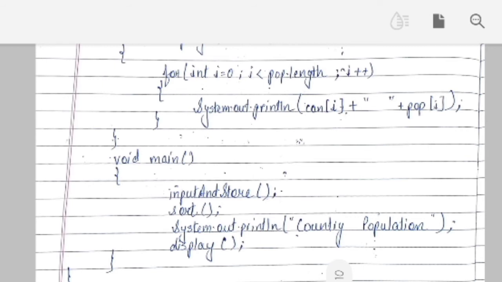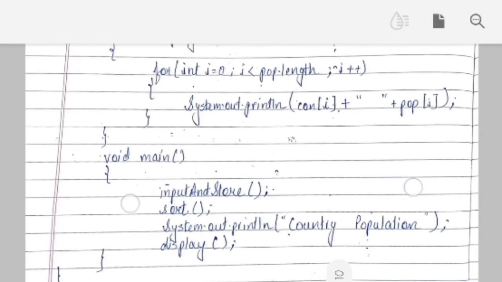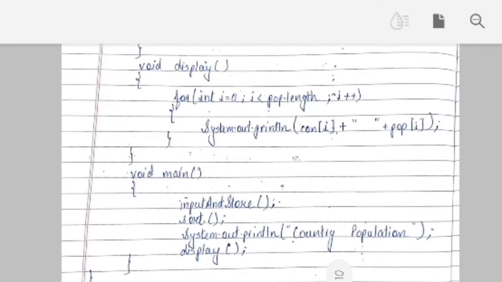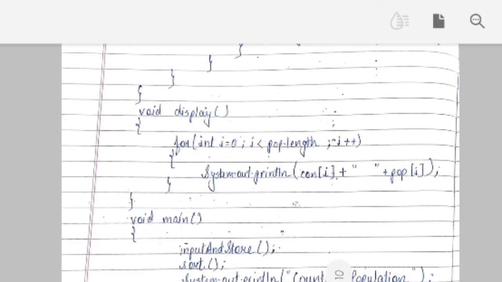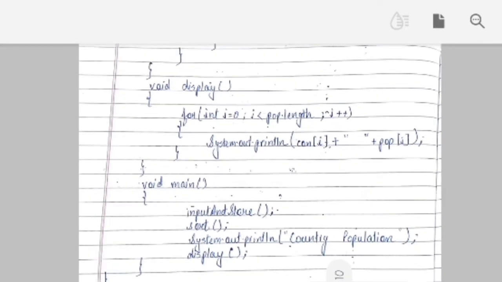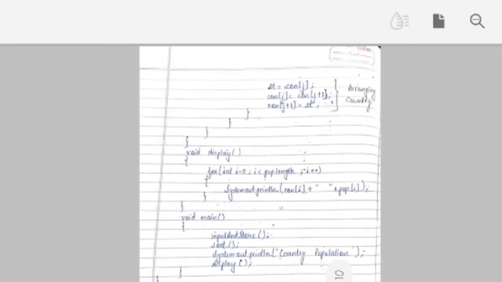Then I called the function sort to sort the array content of population and country in descending order of their population, and then I display the values of country and population as a topic, and then I call the function display so that it can be displayed in a tabular form. So in this way this question also gets completed.